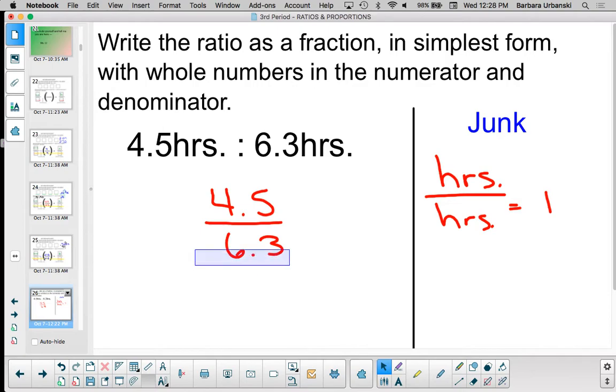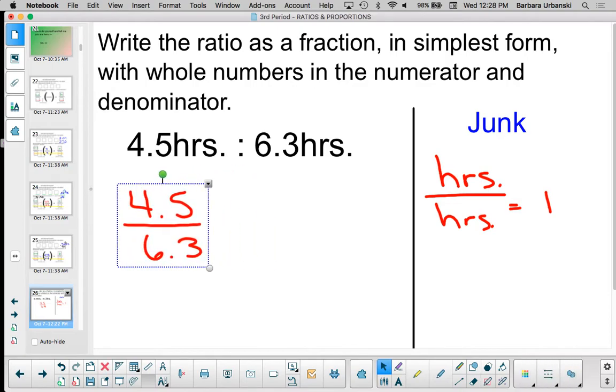Now I'm going to take a look at the numerator and denominator. Notice they said write it as a fraction. We did that. In simplest form with whole numbers in the numerator and denominator. 4.5 has a whole number 4, but it has a 0.5 after it, and 6.3 has a whole number 6, but it has a 0.3 after it.